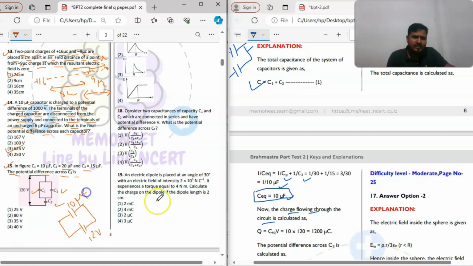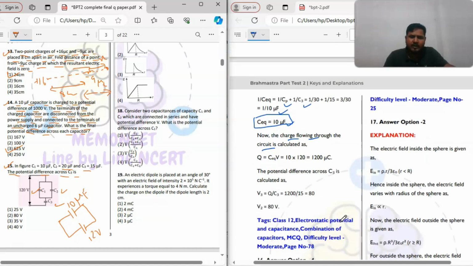Now what is the total charge? It is C equivalent into V. After solving, we get 120 microcoulomb. Now we get the value of Q. The charge will flow, Q, and after that Q1 and Q2 will go there, and at this junction the charge will again be Q1 plus Q2.